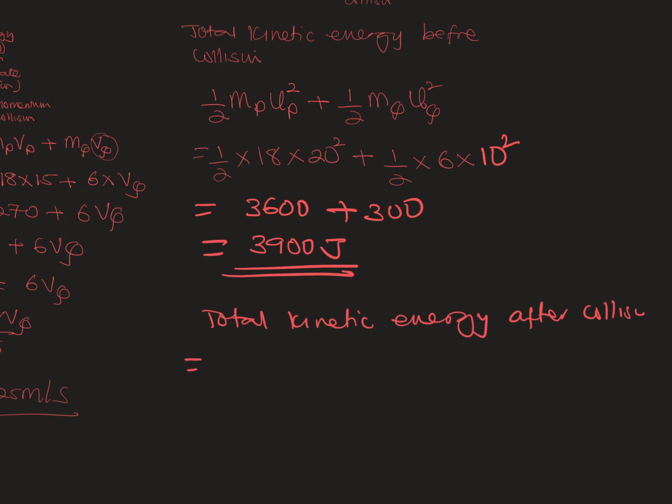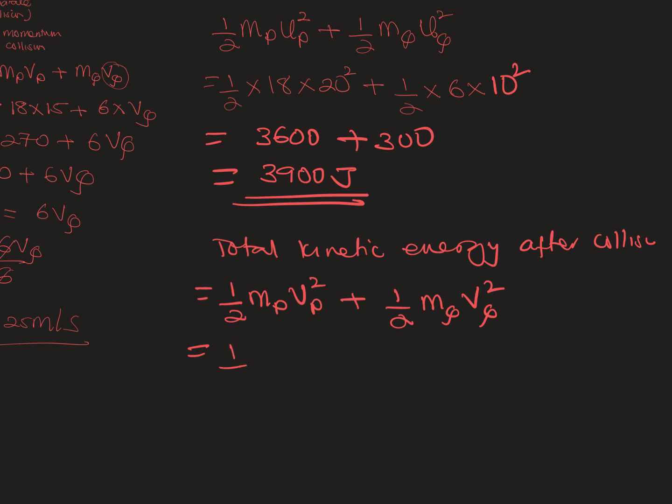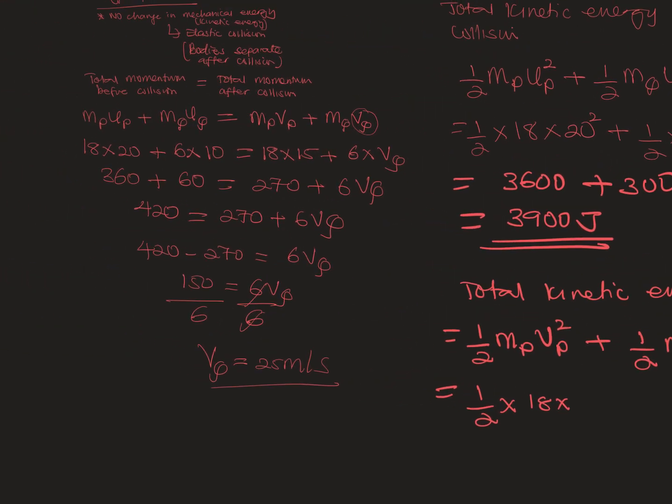The total kinetic energy after collision will be half the mass of body P, the final velocity of body P squared, plus half the mass of Q multiplied by the final velocity of Q squared. That will be half the mass of P, 18, multiplied by the final velocity of body P, which is 15, right?